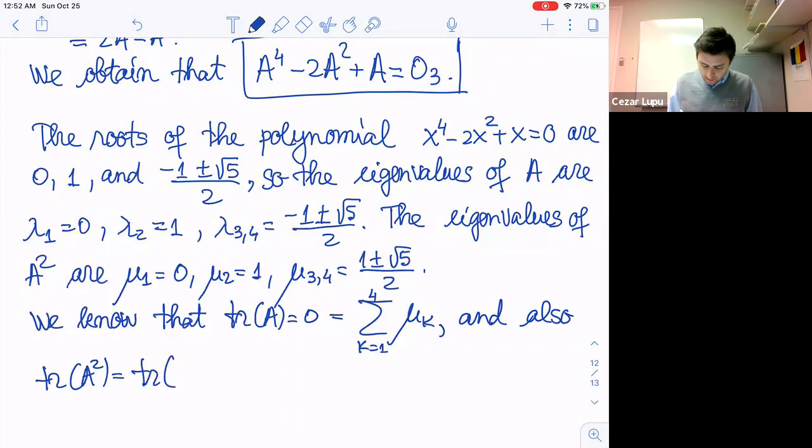The trace of A squared is the same as the trace of the identity minus A transpose, so this will be 3.